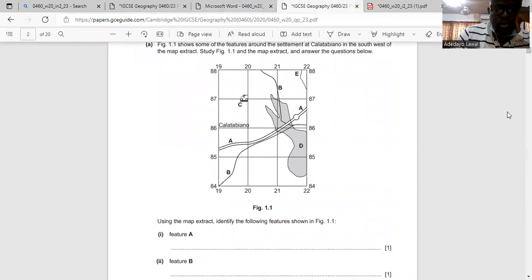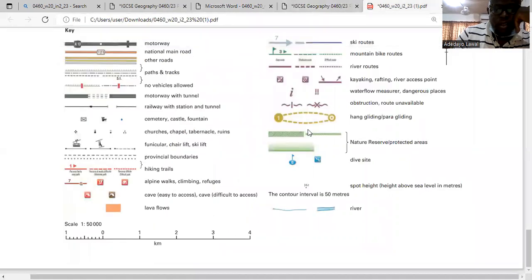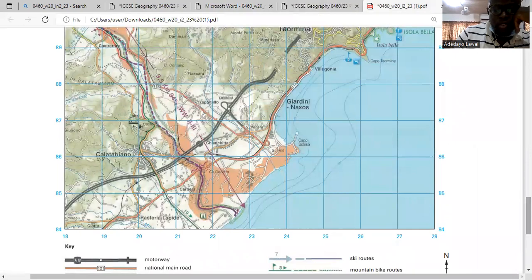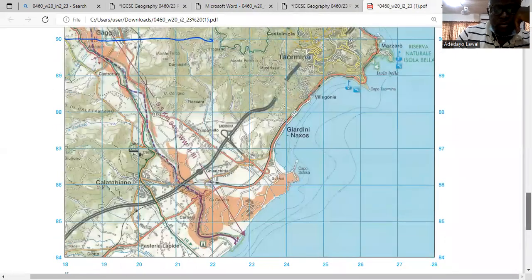So the last one, E, the name of the river. This river is found in 2187. So let me go to 2187 quickly and look for that river there. This is it. So what is the name? You have to trace it until you can see a name on it.